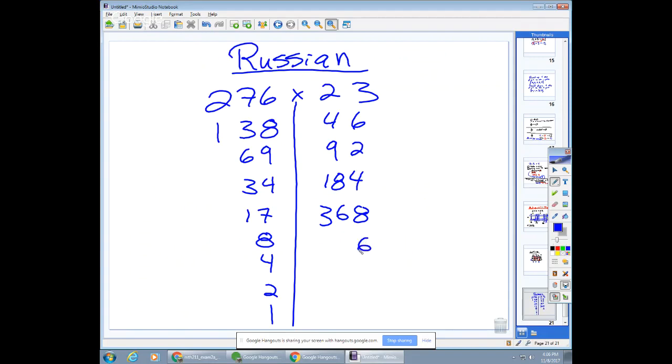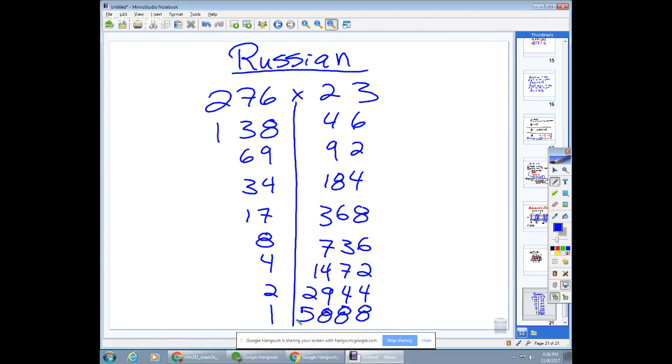Doubling 8 is 16, carry the 1, 12, 13, carry the 1, 6, 736. 1,472. Hoping we don't make a mistake.